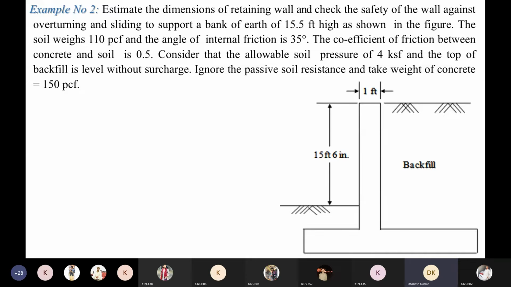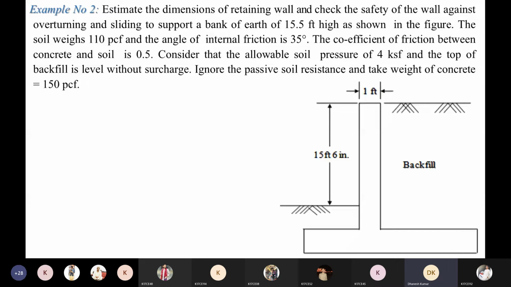Okay. So in our previous lectures we have done with the retaining walls, its purpose, its types. Then we went through its analysis steps. Then we went through its analysis procedure, analysis problem, and in our last lecture we discussed the design guidelines for the retaining wall, in which I told you that first of all you have to go through the design guidelines, and after designing a retaining wall, then you have to go for the check.